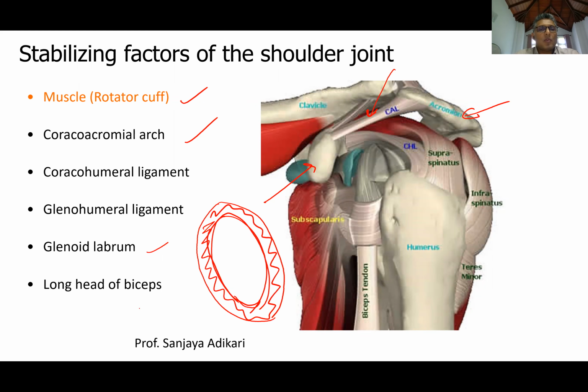Then, as I said before, you have the long head of biceps above and the long head of triceps below. The long head of biceps goes through a groove between the lesser tubercle and the greater tubercle, called the intertubercular groove or the bicipital groove, and it is attached to the supraglenoid tubercle. So that also is important to prevent dislocation.